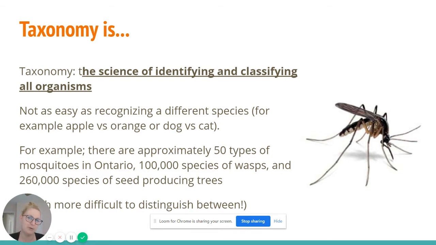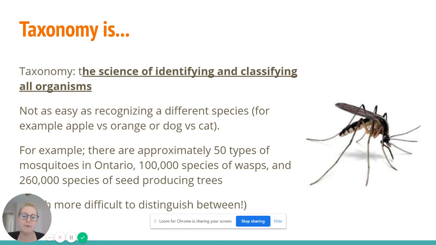I don't know about you, but when I see a mosquito, I really don't know the difference between one species and the next. Unless you've studied that or you're an expert, you really wouldn't know. Taxonomy, though, is the study of putting those into each of their separate groups. That is a main thing we're going to be discussing in this lesson.